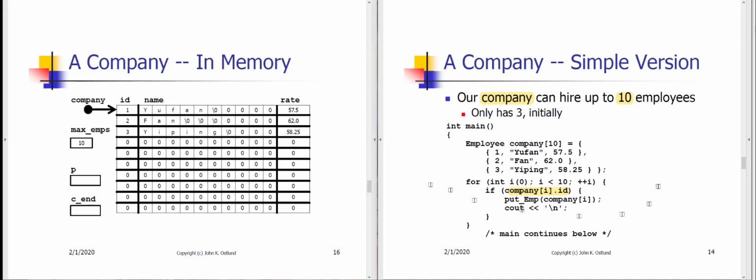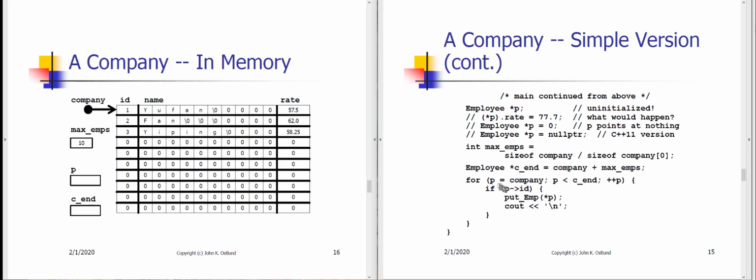Okay, so using an integer subscript and using company sub I to access an individual employee within the company is one common approach to iterating through the elements in an array. But another approach that's almost equally common is to use a pointer to step through and point to the successive items within an array. Here we're declaring P as a pointer to an employee.